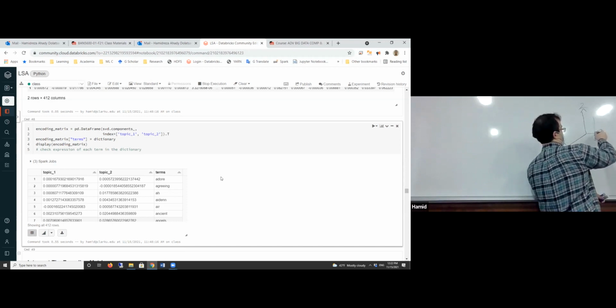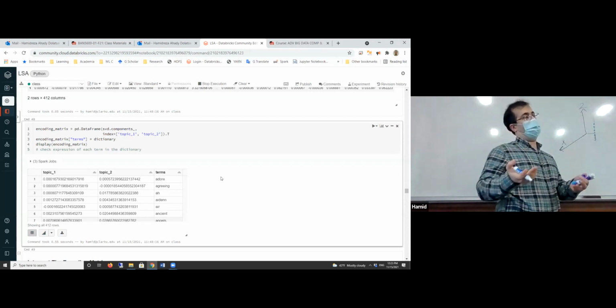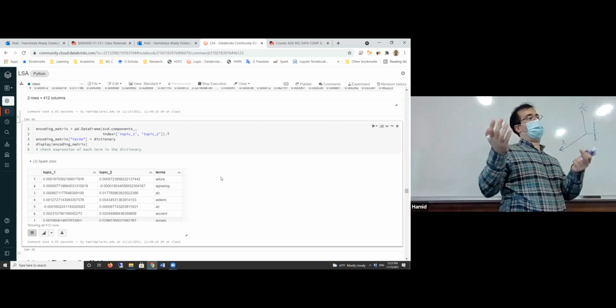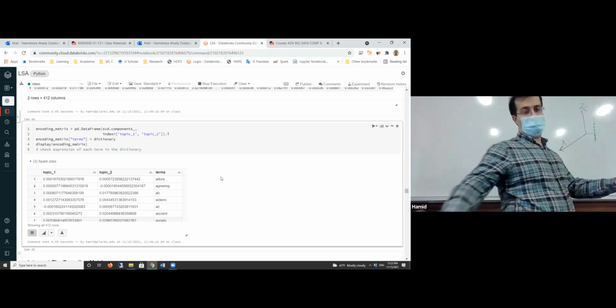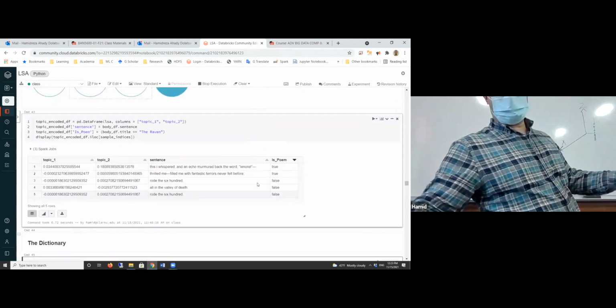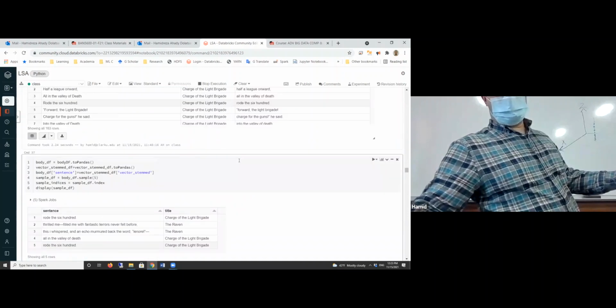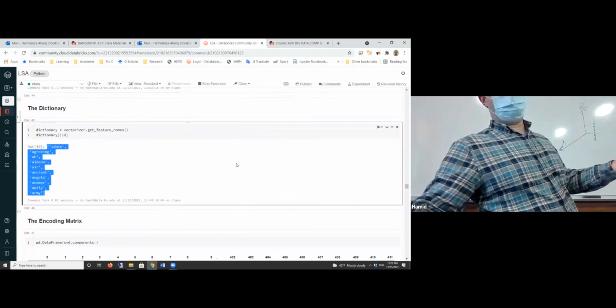Let's say some of them are circles, some of them are crosses. Like here, we have 2 types of text from 2 different documents. One of them is The Raven book. What was the other? The Charge of the Light Brigade, I guess. Yes, The Charge of the Light Brigade.